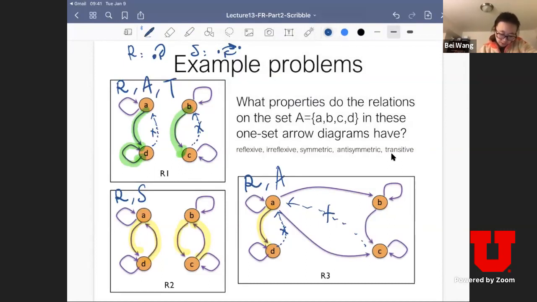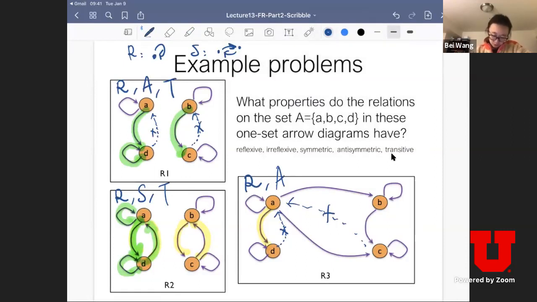Whenever A goes to D, D goes to D, A goes to D. Whenever A goes to D, D goes to A, then A goes to A, and so on. I can again check through, and then we know that this is transitive. Finally, look at R3.